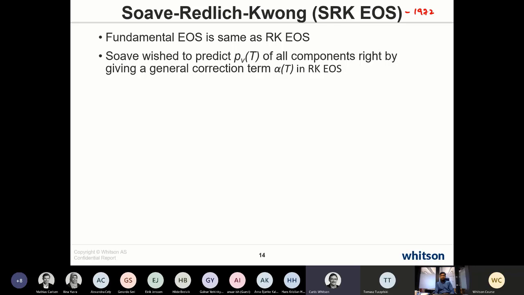And in 1949 came this Redlich-Kwong equation. Then it was greatly enhanced by Suave, specifically in its ability to predict accurately the vapor pressure curve of individual compounds. That was absolutely the big quantum leap that Suave introduced.